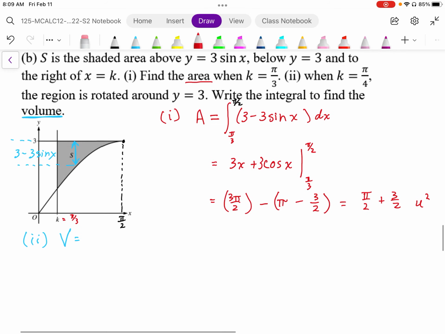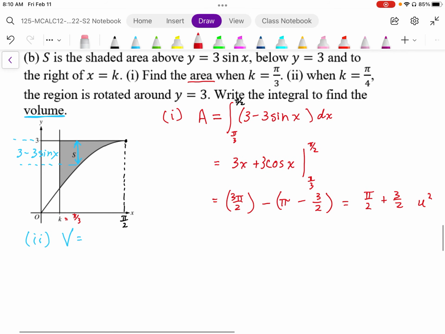The second part of this is asking for volume. Now this volume that we're going to generate is when we rotate this around the line y equals 3. Okay, so we're going to get some shape. It's going to be hard to draw this, but the shape we're going to end up with is this shape here.